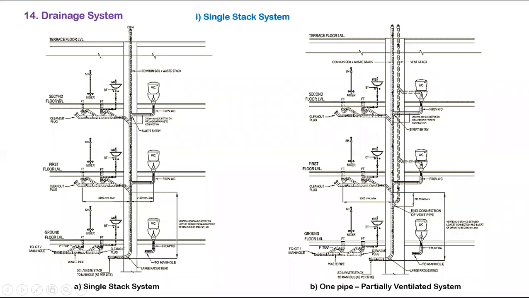Here the wash basin and shower, all the fixtures, are connected to the waste stack. The EWC is connected to the soil stack, soil pipe, and both are connected to the main vertical stack. Here also it is like that, but additionally we are providing one vent for the WC, and that also connects to the vertical vent stack.